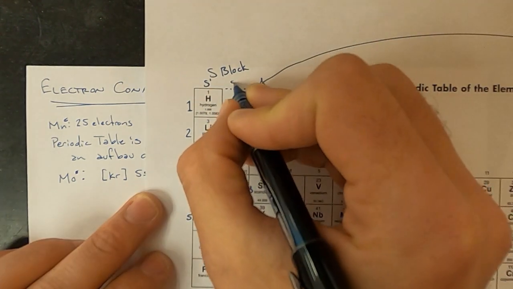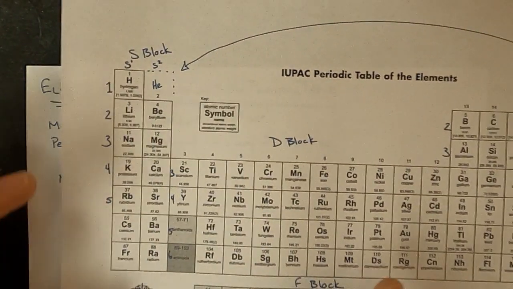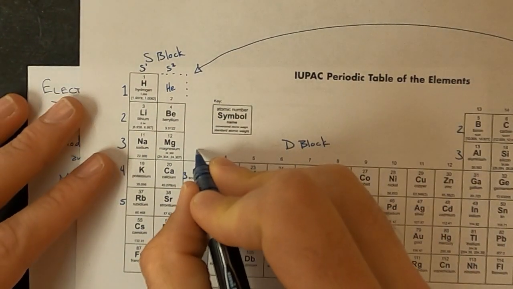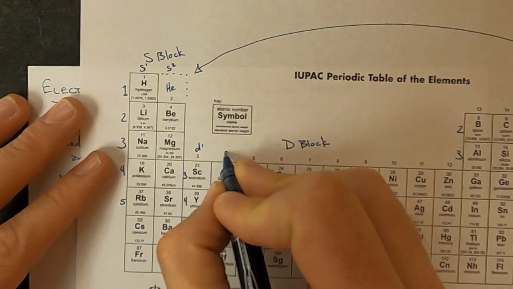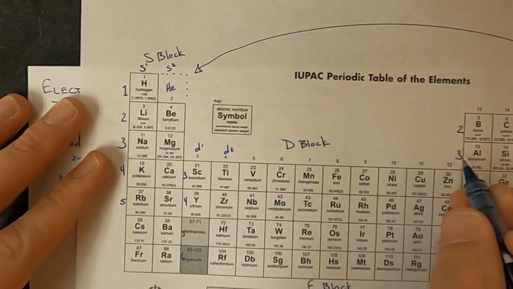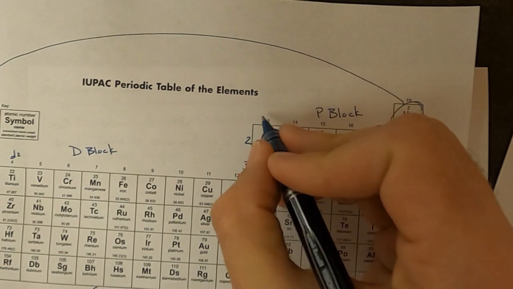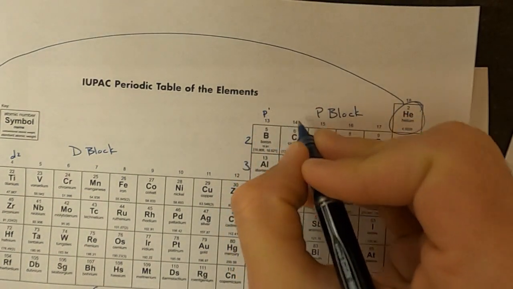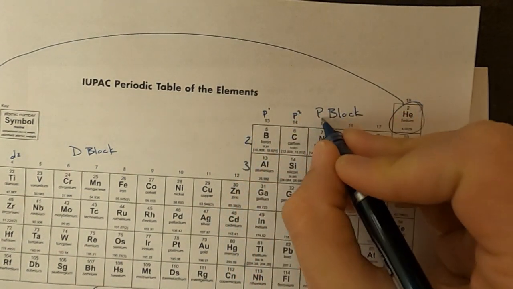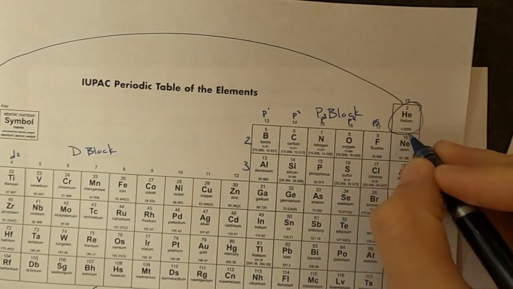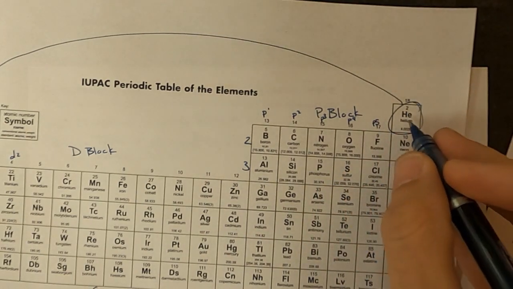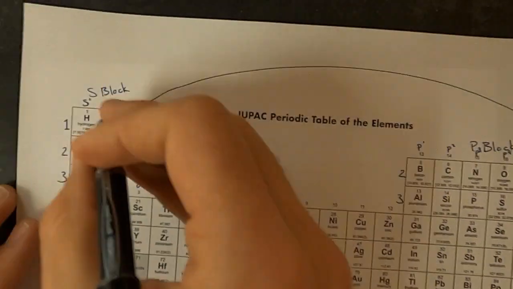All of these end in s2. All of these would end in d1, d2, etc. All of these end in p1, p2, and p6, excluding helium, which according to this pattern should be here.